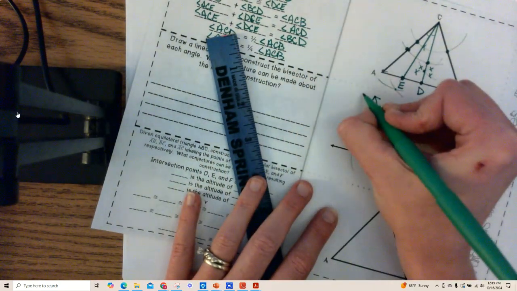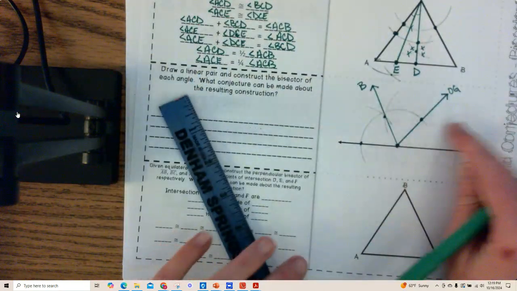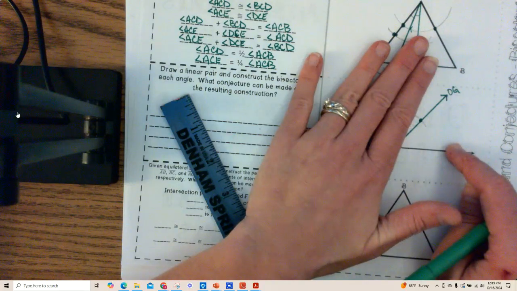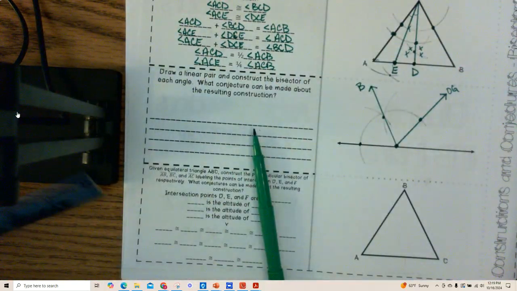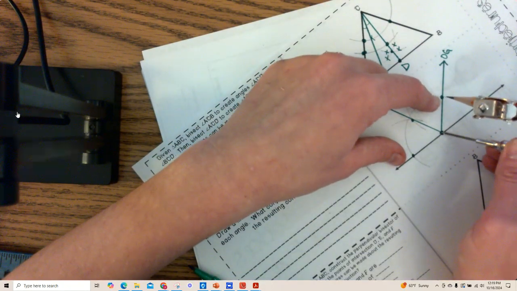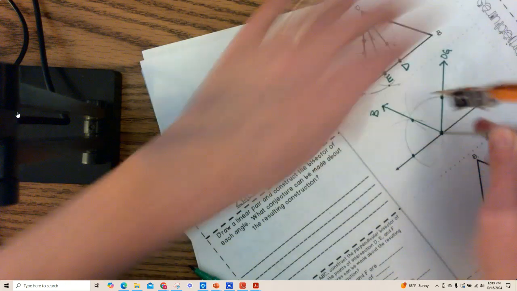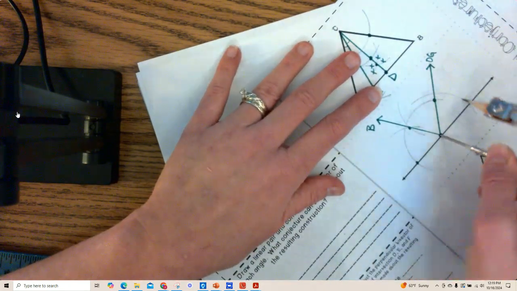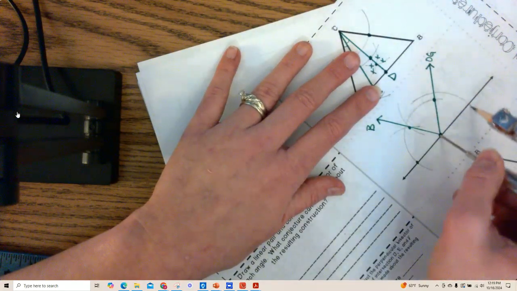So this is a bisector, and then I'm going to bisect this angle now. Okay, just this piece. I'm going to change the measurement because I don't want it to overlap. So I'm going to make it a little bit bigger. Draw an arc that goes across both legs of the angle.